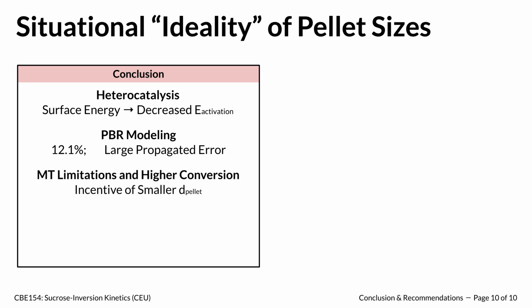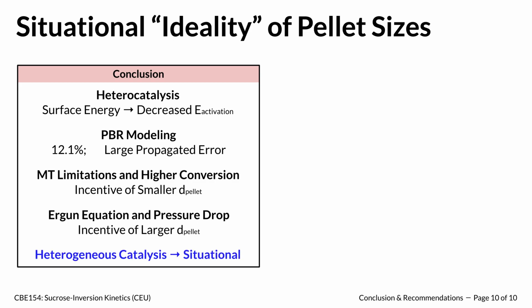For smaller size pellets, higher conversion rates were observed, and this is mainly attributed to the minimized mass transfer limitations. Although superficially it seemed like the smaller pellet sizes were the way to go, upon literature review, we also learned that larger pellets might be incentivized due to the undesired pressure drop existing in PBRs.